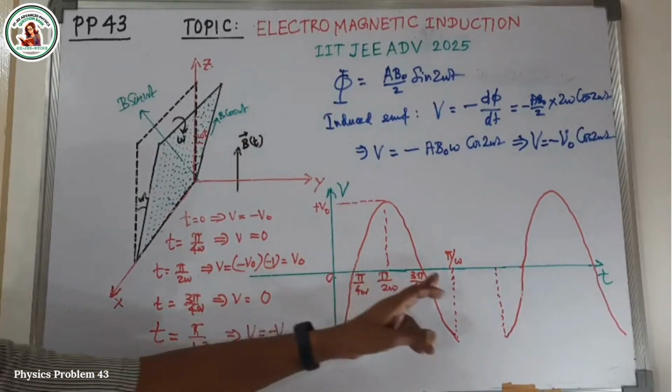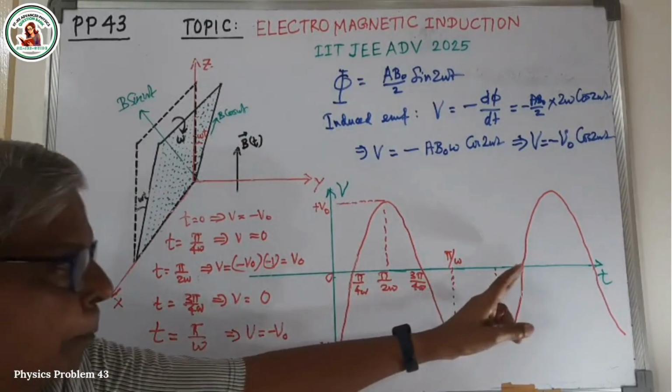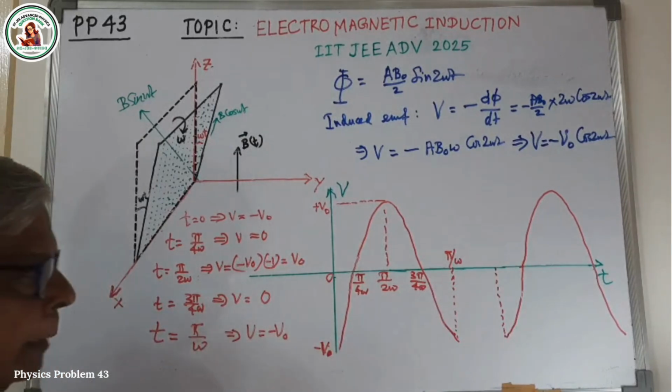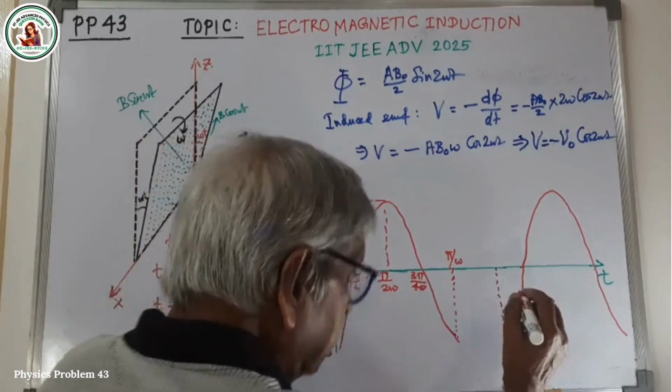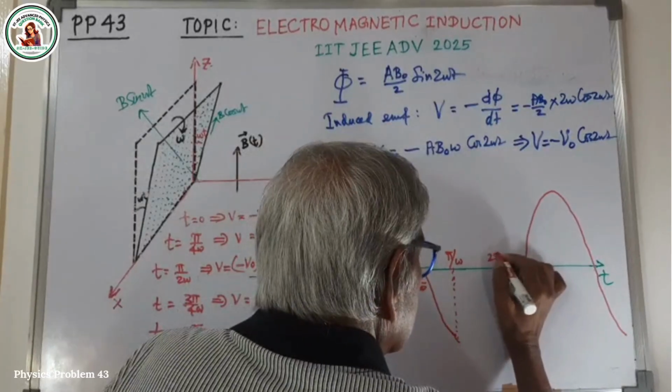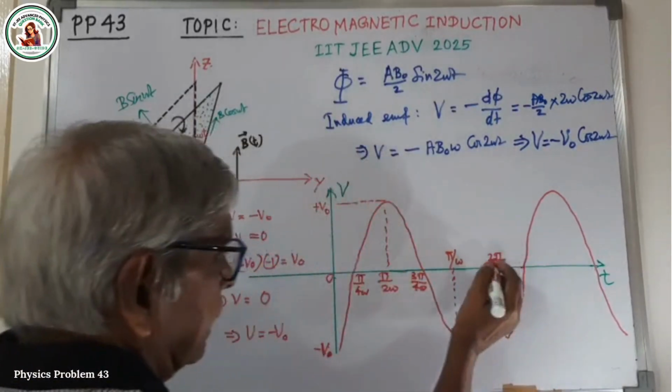From pi by omega till 2 pi by omega here. And I didn't draw it to scale.